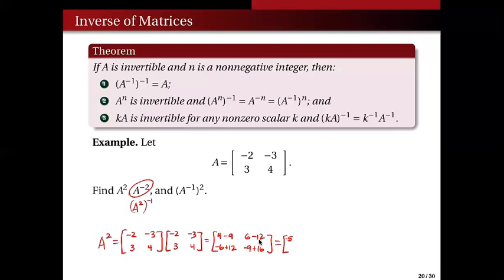6 minus 12, that's negative 6. And then negative 6 plus 12, that's positive 6. Negative 9 plus 16, that's positive 7.